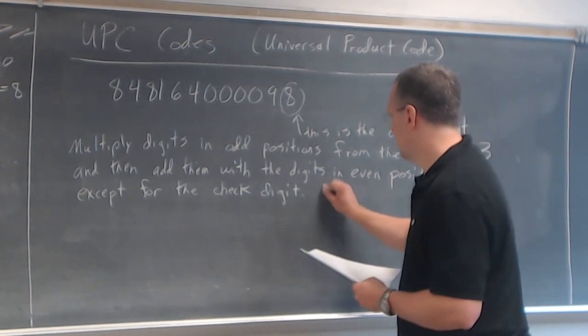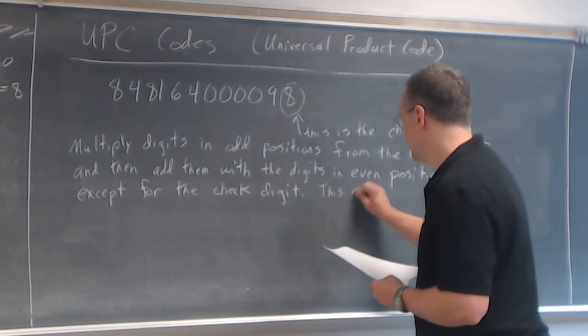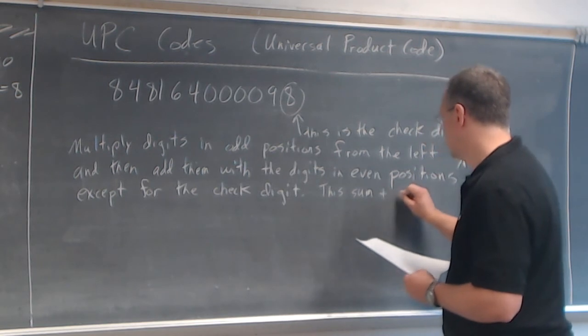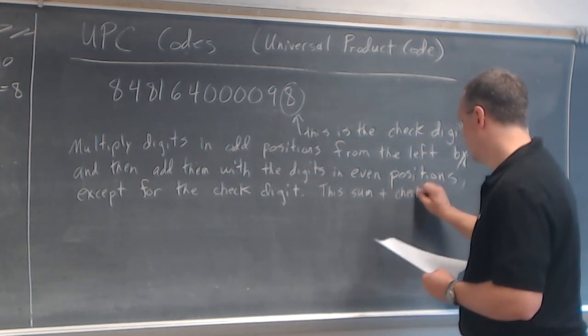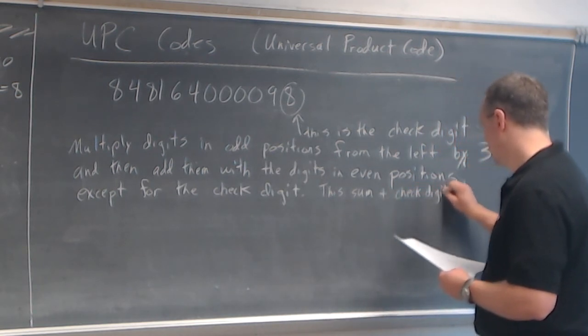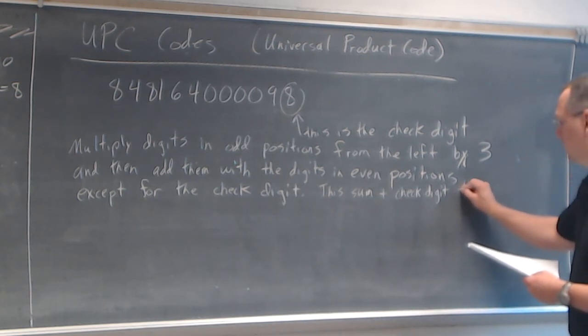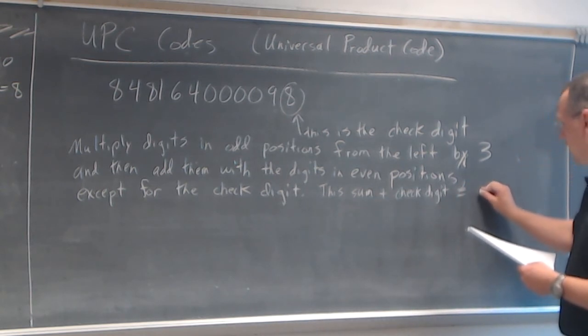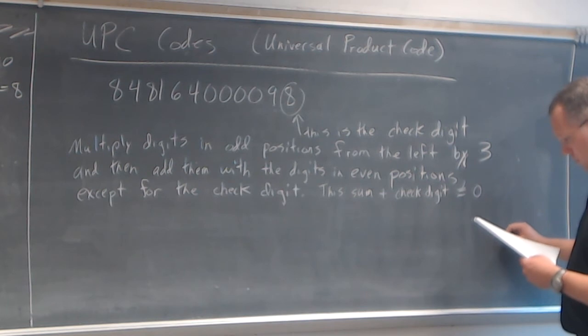So this sum plus the check digit should be congruent to 0 mod 10.